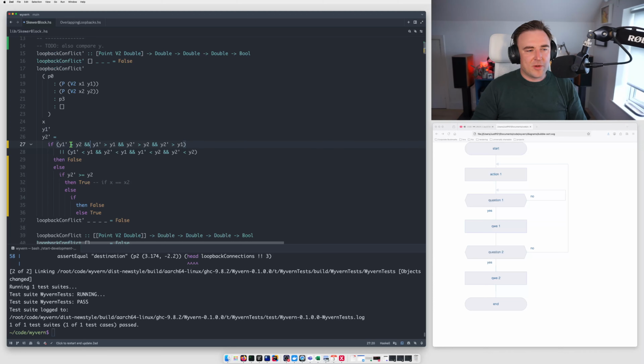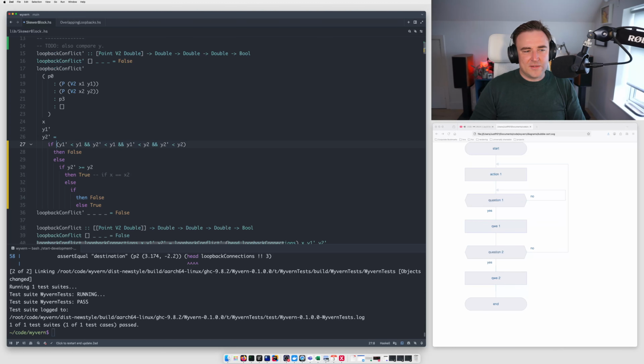Let's leave it just for the sake of it. Or you know what? Technically, it should be an illegal state. So let's remove it. It is an illegal state.